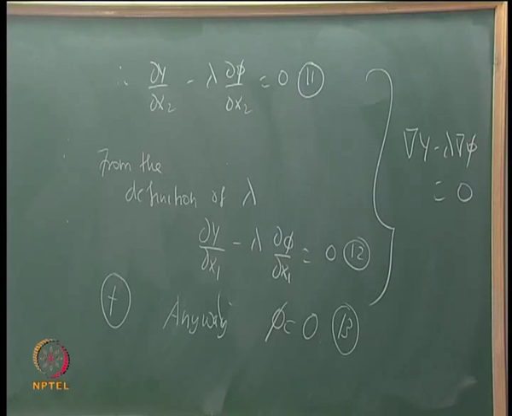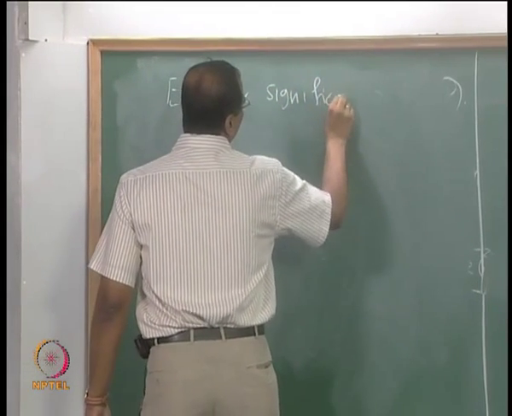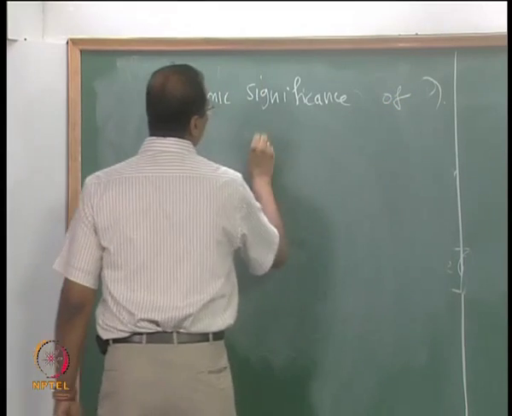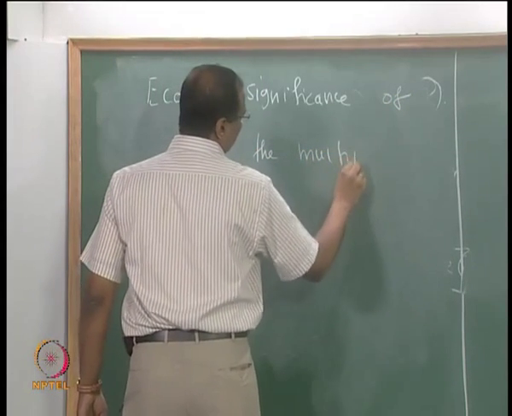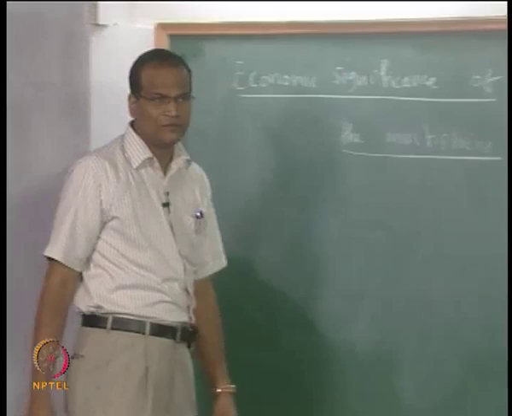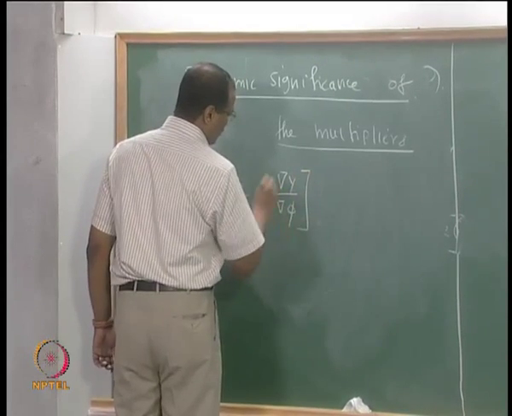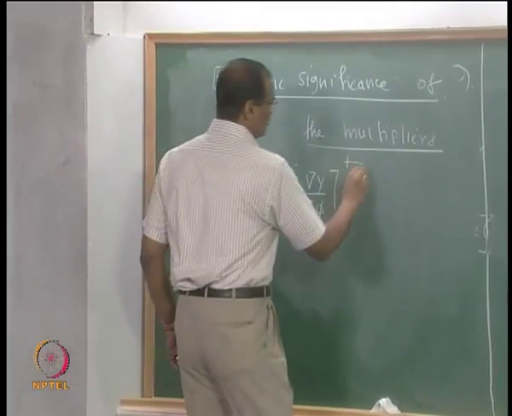So let us look at the economic significance of the multipliers. Lambda, this plus indicates at the optimal point.